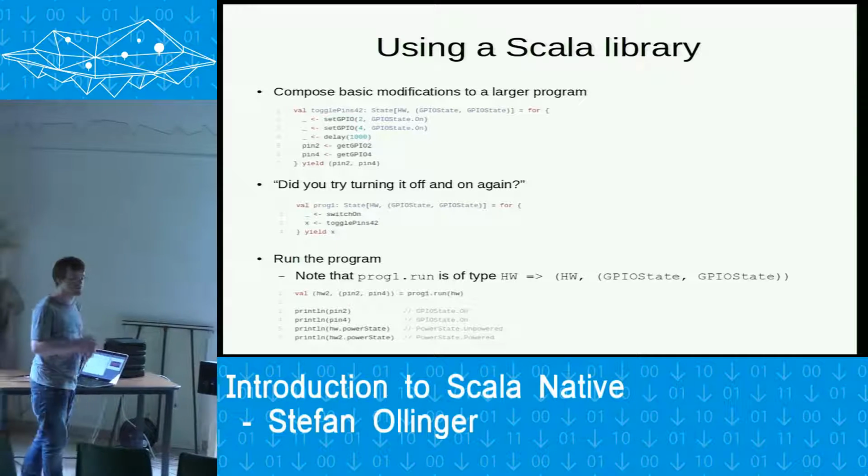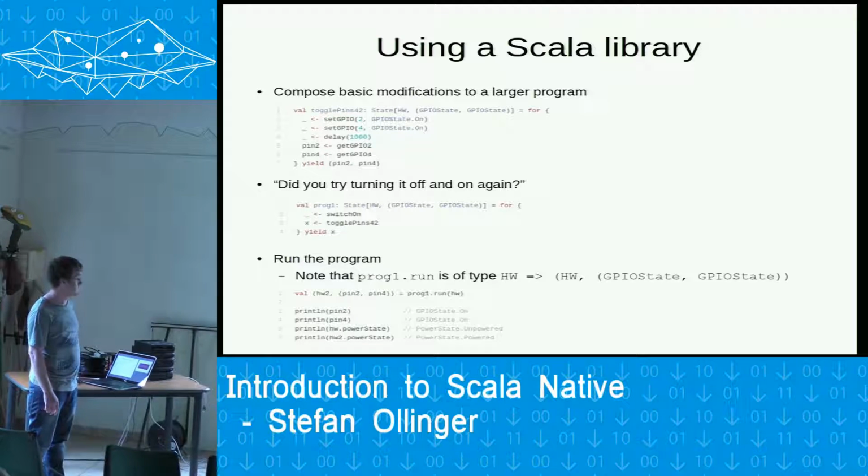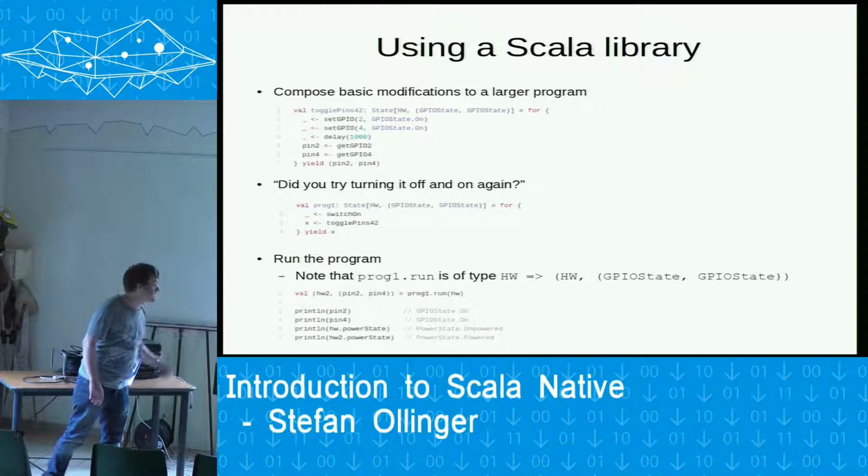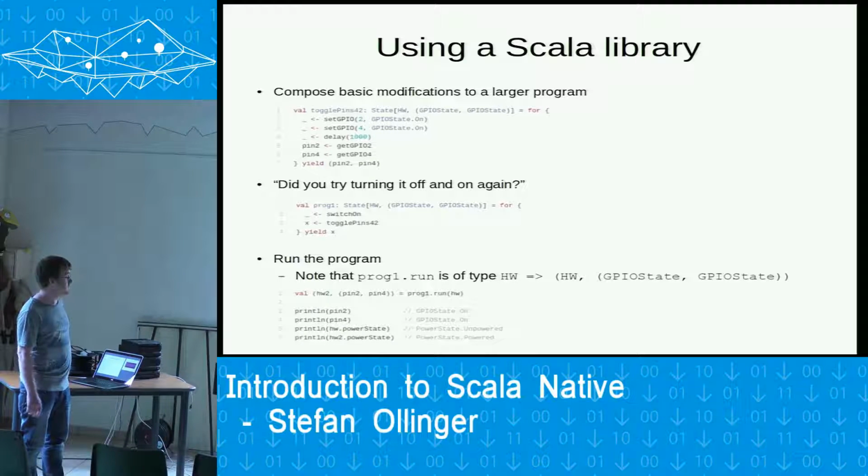So it's composition of functions. And then lastly run the program. Here you see the output. It's on for pins 2 and pin 4, and the power state is on the old value, unpowered. On the new value, it's powered.